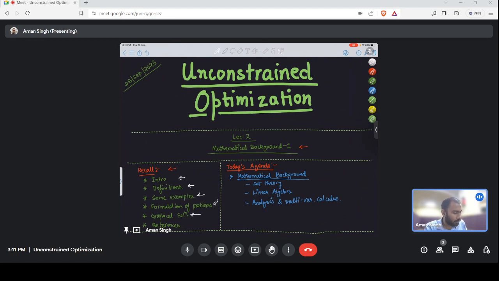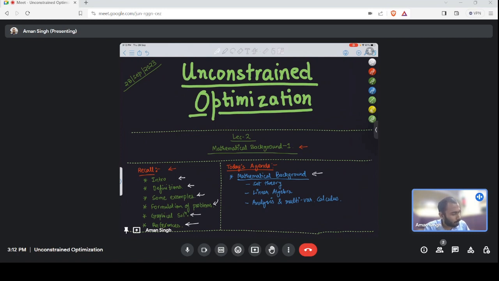Then we looked at how to solve a few of the problems using graphical solution methods. We realized that in graphical solution, if the optimization variables are more than 2, it's very difficult to visualize and solve using graphical solutions. And we also looked at some reference books that you could follow for this course.